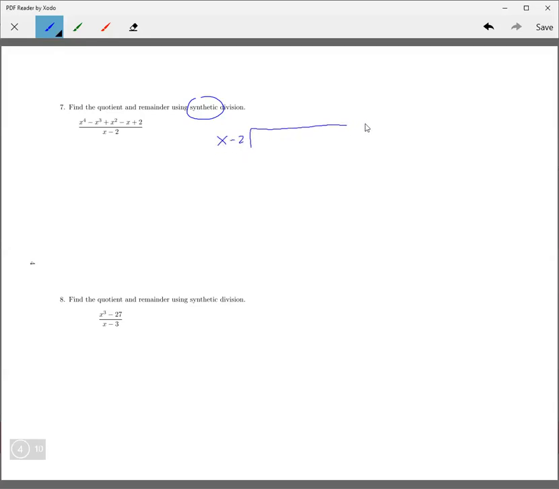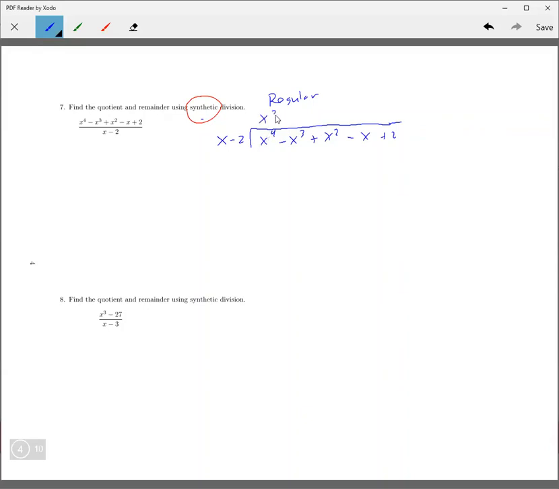So we're dividing x to the 4th minus x cubed plus x squared minus x plus 2. This is regular division, I'm not doing the synthetic yet. We'll do synthetic in red, if this is regular. This is regular, or long division, or whatever you want to call it.